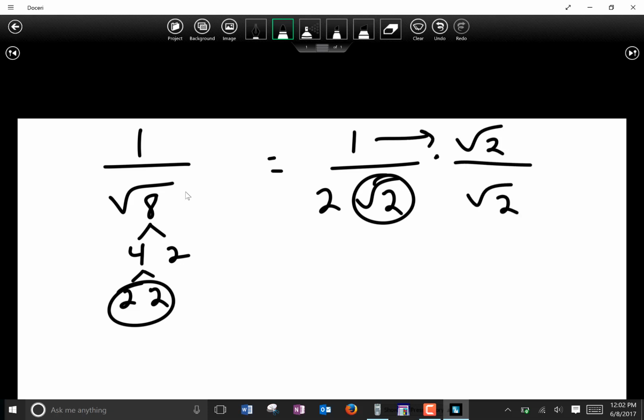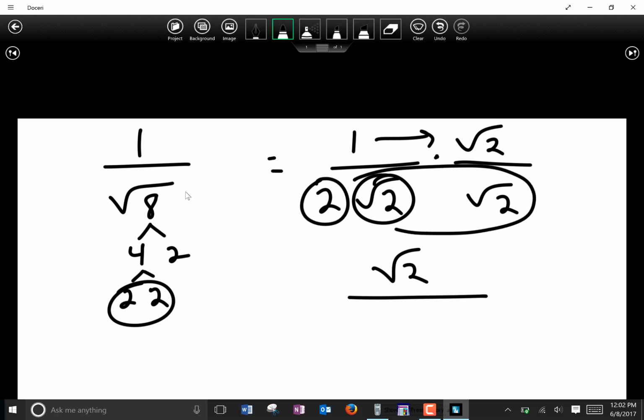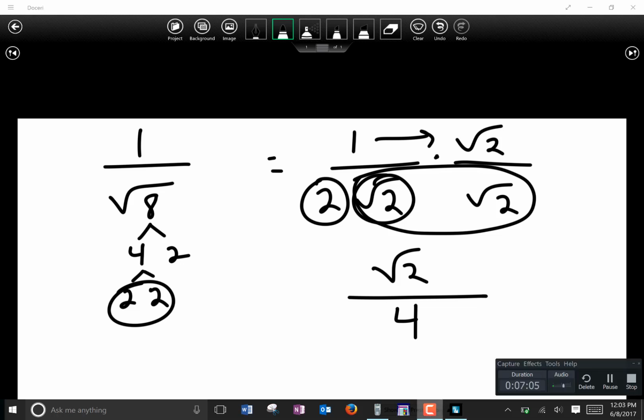The top gives me 1 times the square root of 2. The bottom gives me 2 times this 2 that got to come out, which gives me a 4. So that's how those things are going to work when you're simplifying, and that's what your book is doing when it simplifies something. So I think I've taken care of everything that might be on your calculator or might be some sort of basic math.